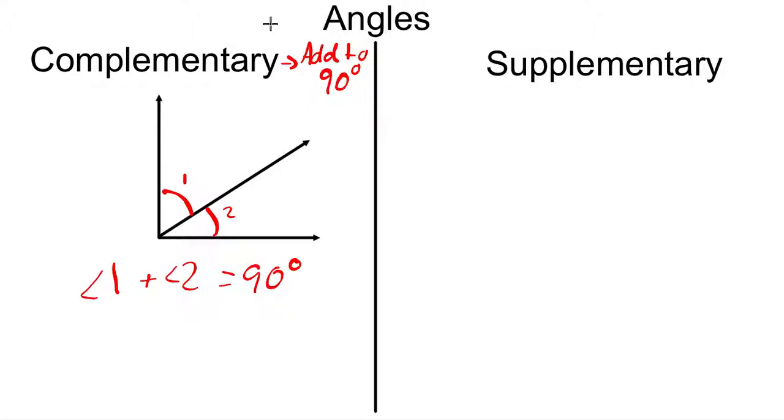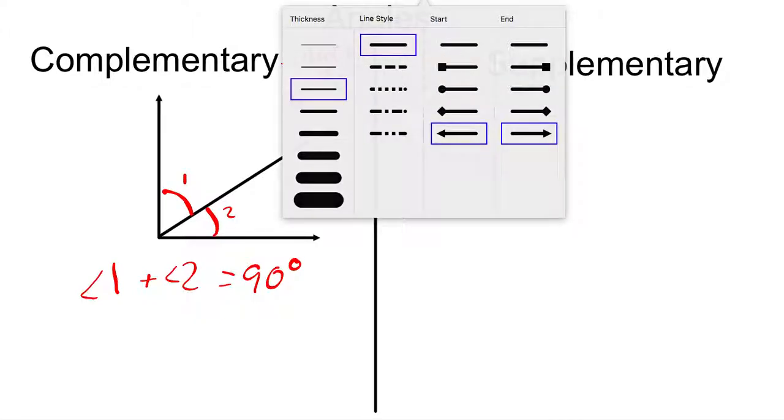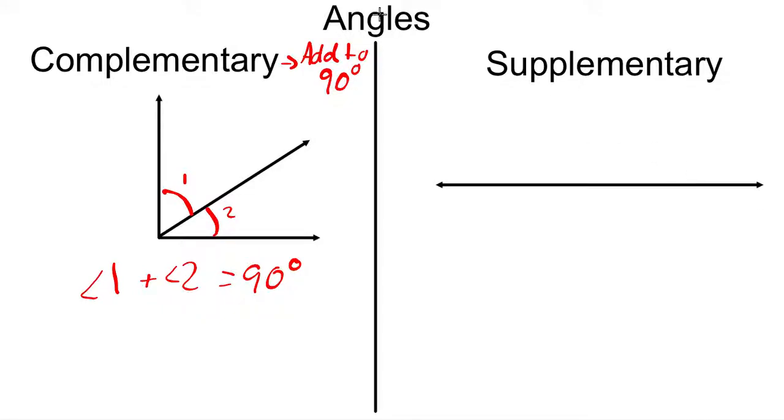Now it is important to note we could have multiple angles in here. Complementary angles don't have to be just two angles. I can have multiple angles adding up to 90 degrees. Supplementary angles add up to 180 degrees.